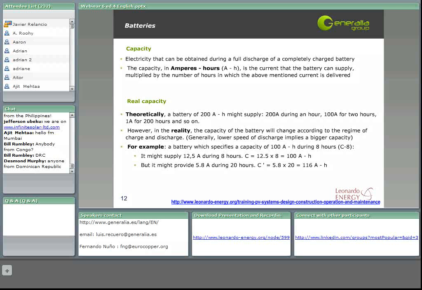For example, after the capacity of a battery in the specification sheet, it will say C8, C10, C20, or C100. That C whatever refers to the amount of hours that they are taking into account in order to get that capacity.